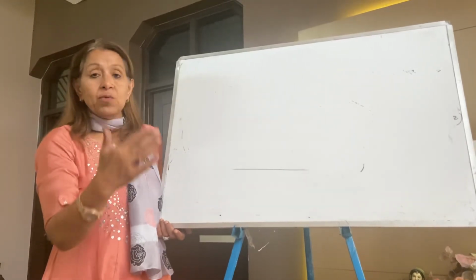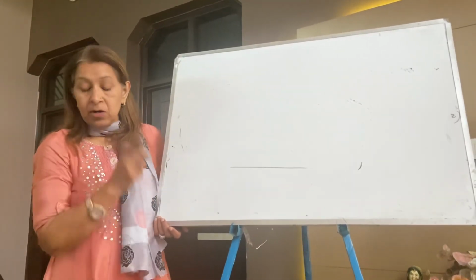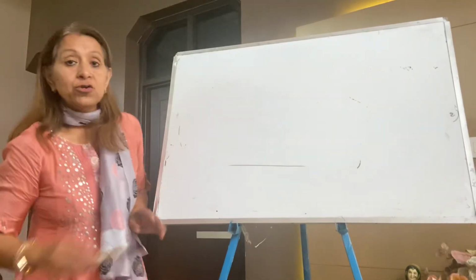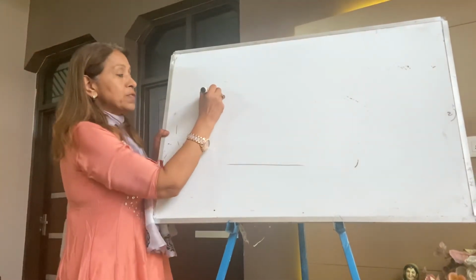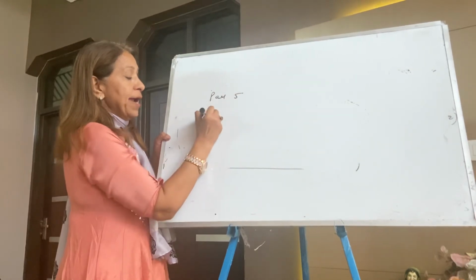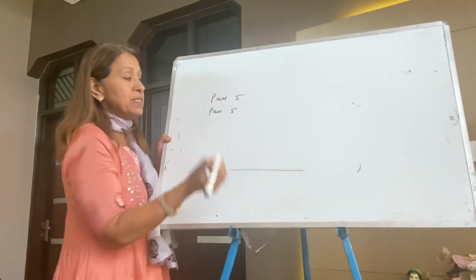The fourth topic was the Nernst equation. Now listen to me carefully. I have sent you two videos. In the two videos I have written part 5 and part 5. It is by mistake.